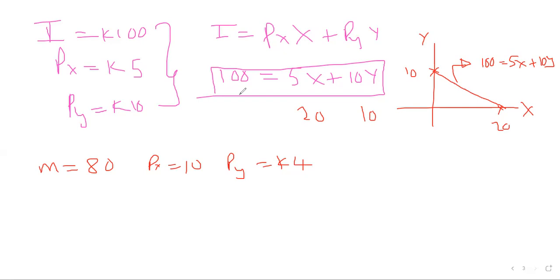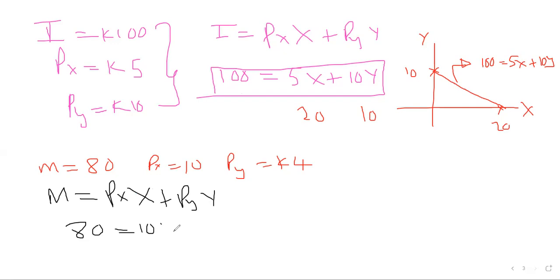Give me the equation of the budget line. Income is equal to the price of good X times X plus the price of good Y times Y. So here we have 80 is equal to 10X plus 4Y. This is our budget line.